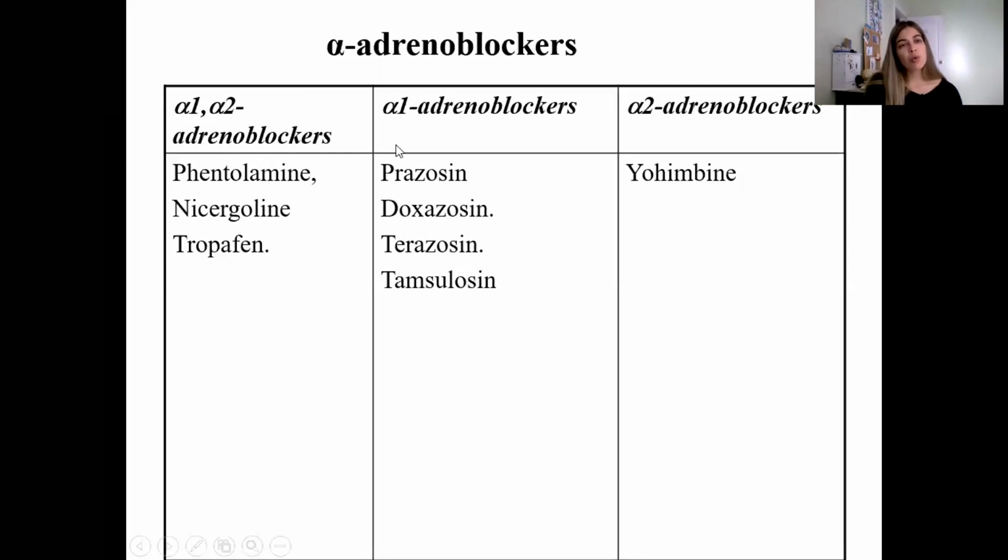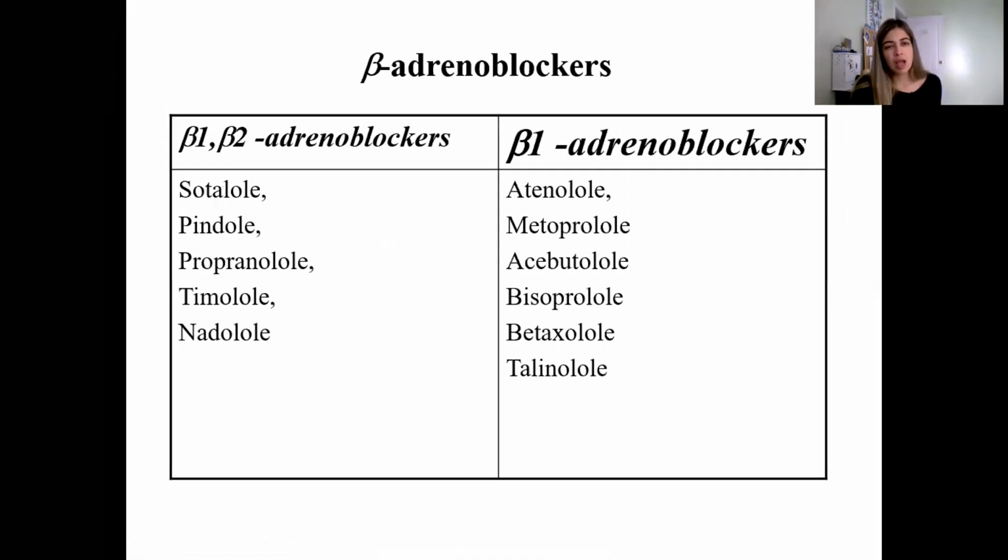Also we have more selective alpha 1 adrenergic blockers: prazosin, doxazosin, terazosin, tamsulosin. They are used in urological practice in adenoma of the prostate gland. And we also have alpha 2 adrenergic blockers, for example yohimbine, which is not actually used in today's practice.